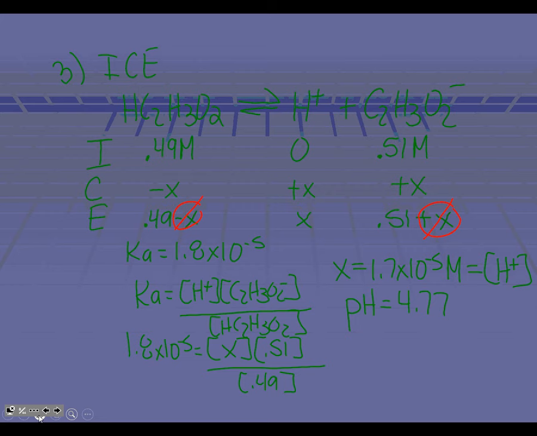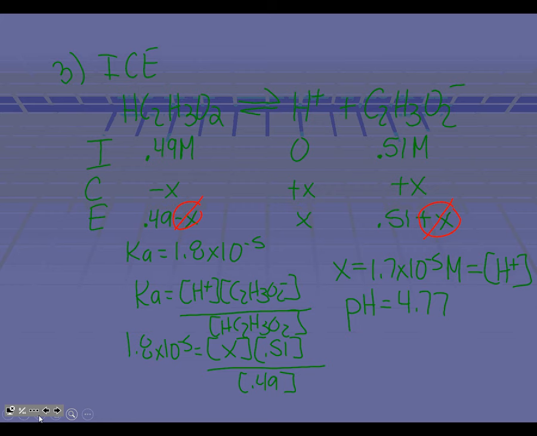That's a pretty good buffer because if you remember when we did the previous problem and we came up with the pH of just the buffer solution before we made any additions to it, it had a pH of 4.74. So adding the strong base to this buffer produced very little change.